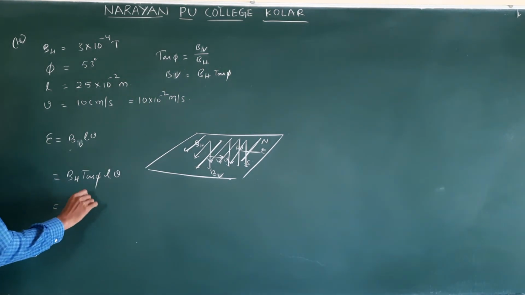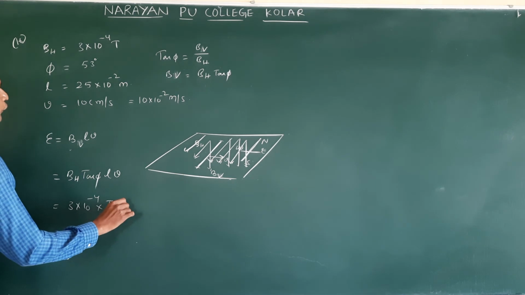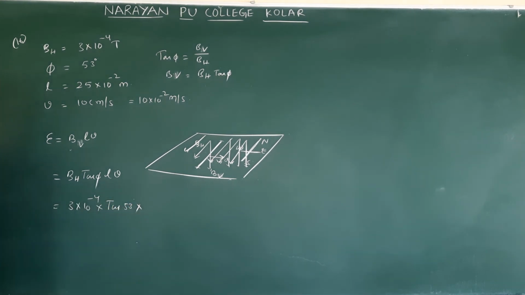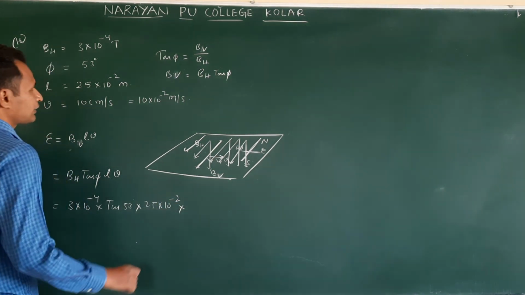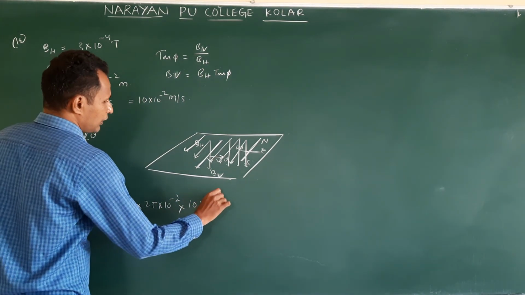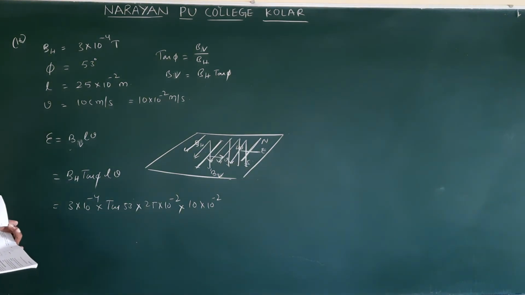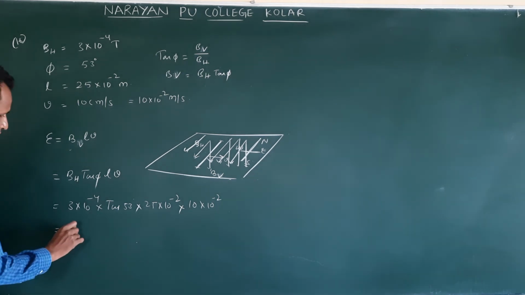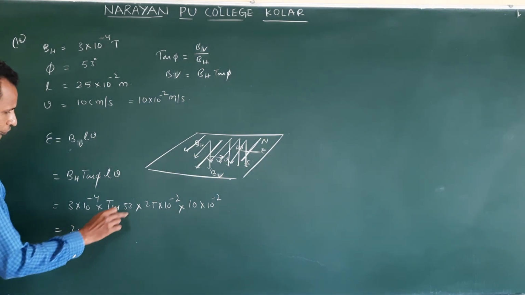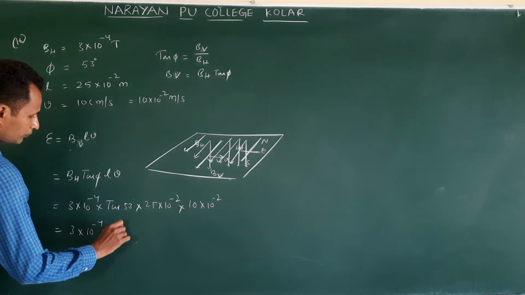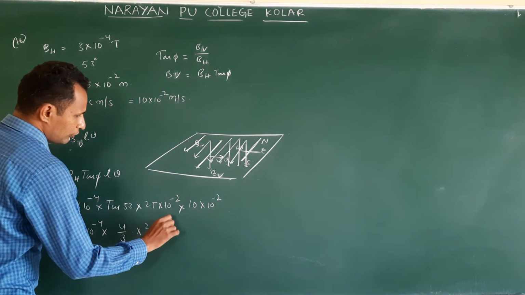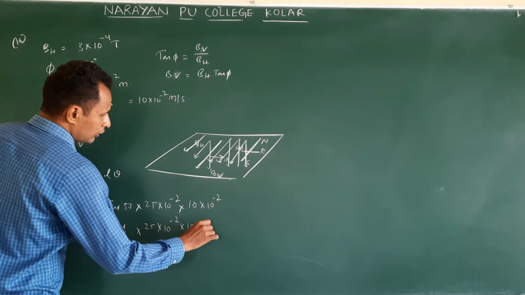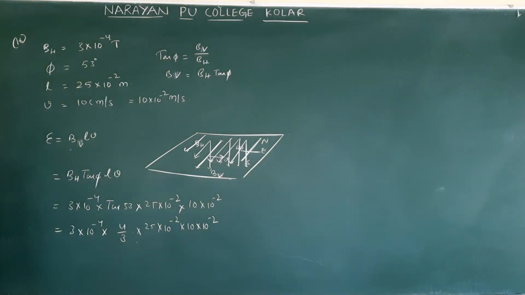Okay, B_V is perpendicular here, so we calculate, substituting the values. 3 into 10 power minus 4, tan 53, L is 25 into 10 power minus 2, and velocity 10 into 10 power minus 2. Tan 53 is 4 by 3. So 3 into 10 power minus 4, this is 4 by 3 into 25 into 10 power minus 2 into 10 into 10 power minus 2.